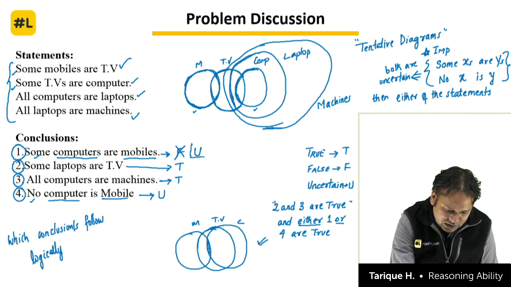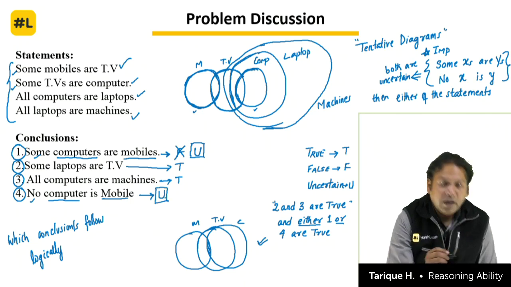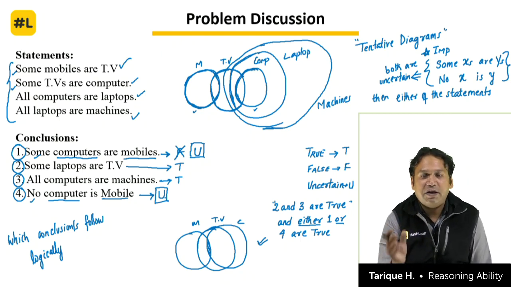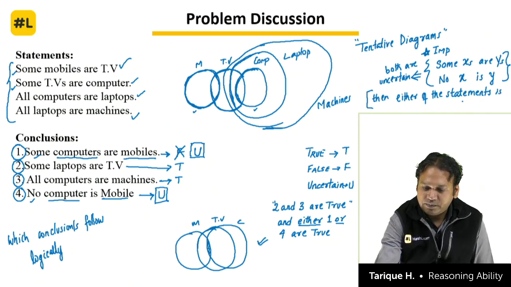This is also uncertain and this is also uncertain. When both are uncertain, then either of the statements is true. Note it down somewhere as a rule and keep it with you.